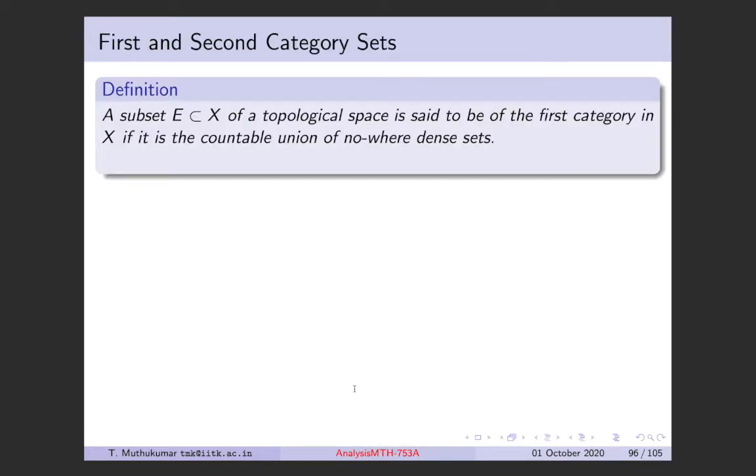Now, what are first category and second category sets? A subset of a topological space is said to be first category if it is a countable union of nowhere dense sets.